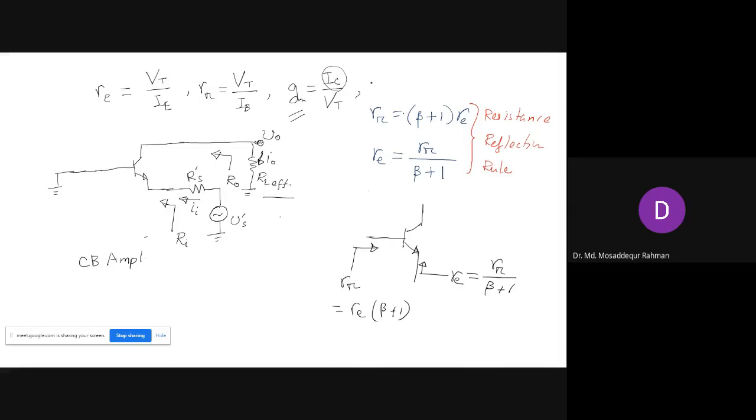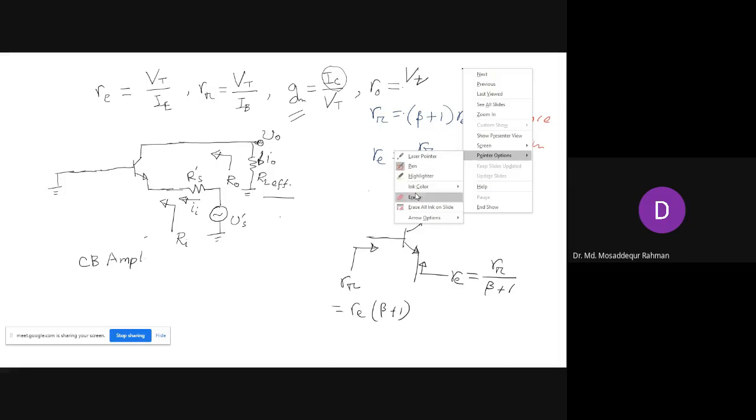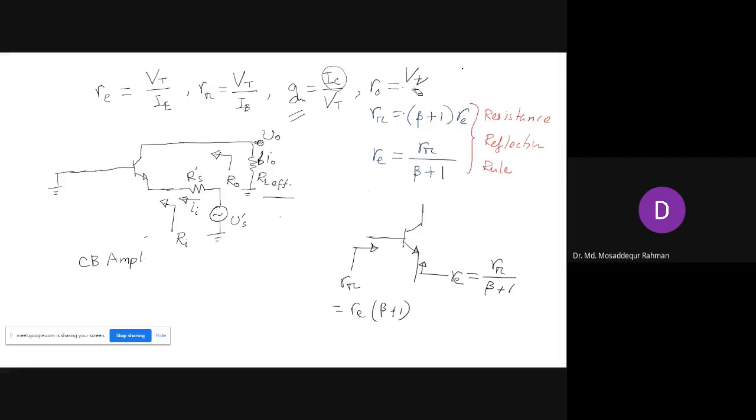The other is the output resistance R naught. That is given by, sorry, not VT, VA divided by IC. And what is VA, do you know? Any idea?